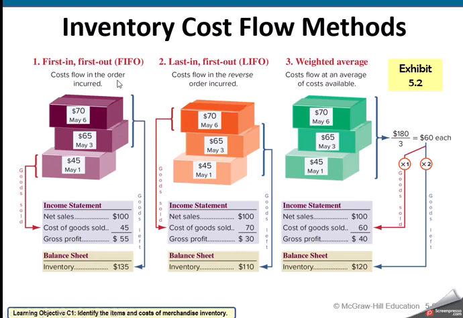So the first in, first out, or FIFO, says the first ones that I purchased or that I have are the first ones that I sell. So again, if you think of grocery stores, that would be how their goods flow. They're always looking at expiration dates. They're pulling the stuff that expires sooner out to the front, pushing the stuff that expires later to the back, or even keeping it in the refrigerated section and bringing it out.